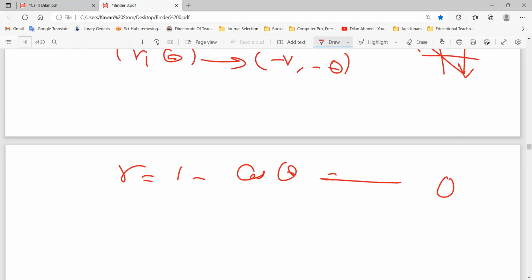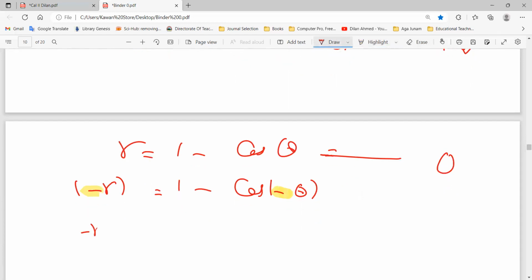I'm going to check. If I put minus r, minus theta, is it the same or not?